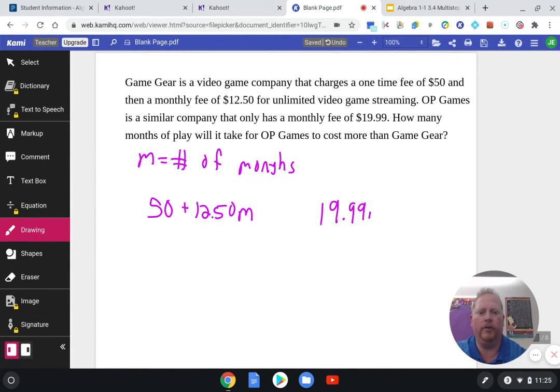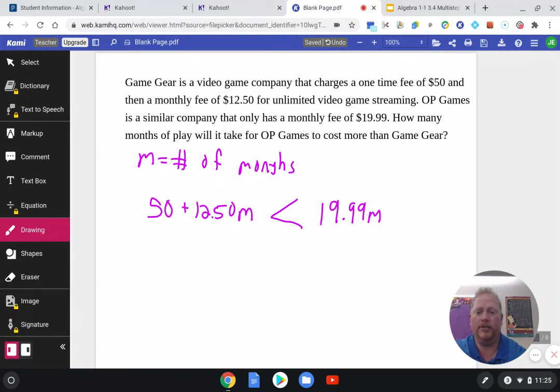As you recall from previous homework, when we're comparing two companies, we'll put everything from one company on one side, everything from the other company on the other, and instead of an equal sign, let's see what it asks us to do. It says, how many months of play will it take for OP Games to cost more? So OP Games was the $19.99, so I'm going to put more. So that's my inequality: 50 plus 12.50m is less than or equal to 19.99m.